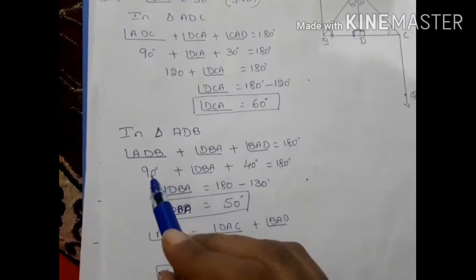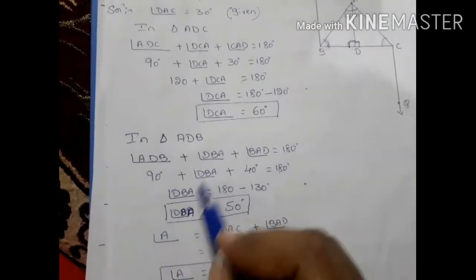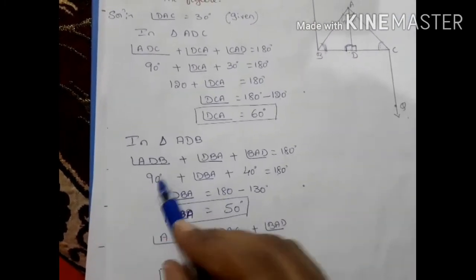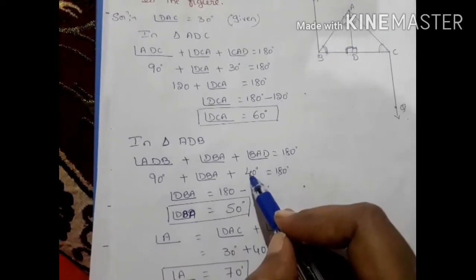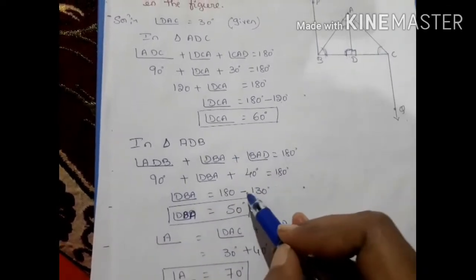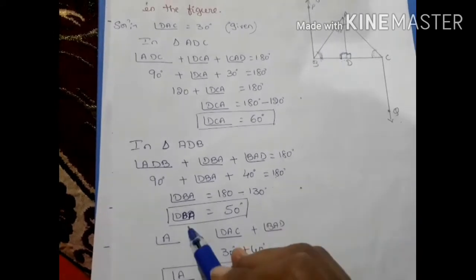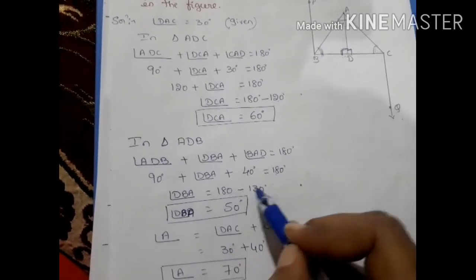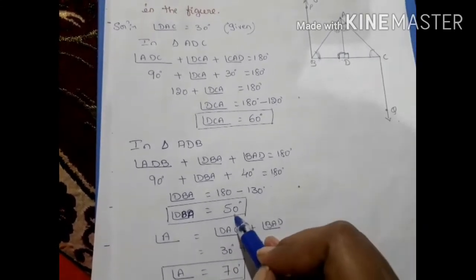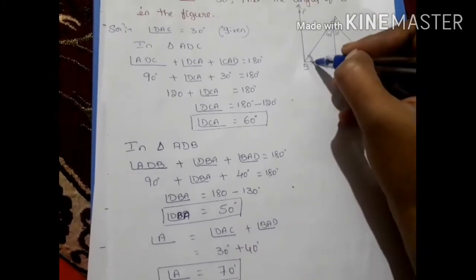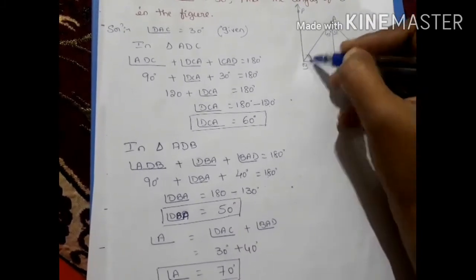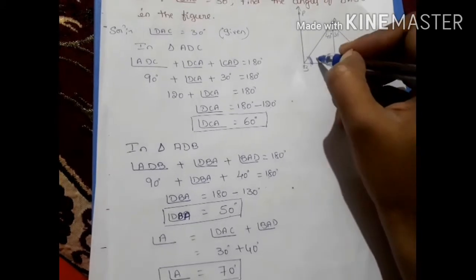Now angle DBA written as it is. 90 degrees plus 40 degrees is 130 degrees. Take to the RHS, it becomes minus 130 degrees. Angle DBA is equal to 180 minus 130, which gives 50 degrees. So we got this angle DBA, this angle is equal to 50 degrees.